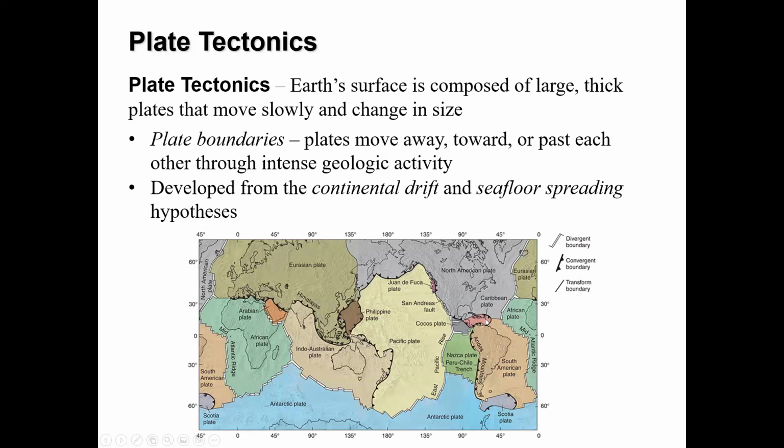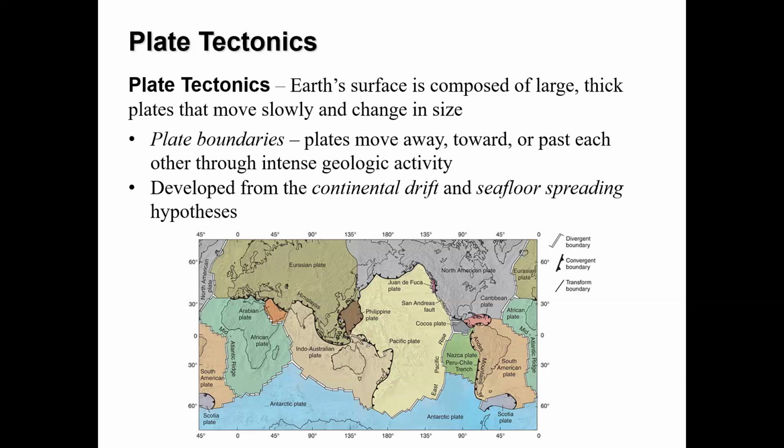The Caribbean plate right here, the Nazca plate, the South American plate, and the Scotia plate here. So depending on what map you're looking at, anywhere from like 13 to 16 major plates that Earth's surface is broken into. And again, these plates' boundaries are defined by the relative motion of the crust on either side of that boundary.